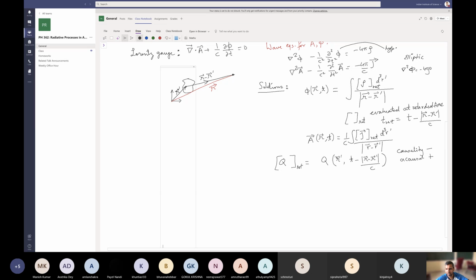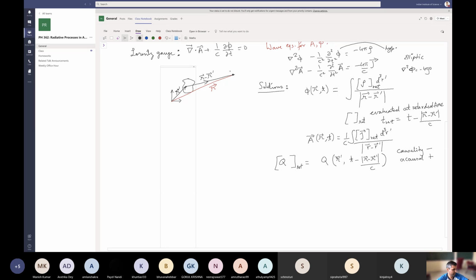The reason being, changes here can affect the field here only after some time, not before. If something happens in the future, that should not affect the field here before that.